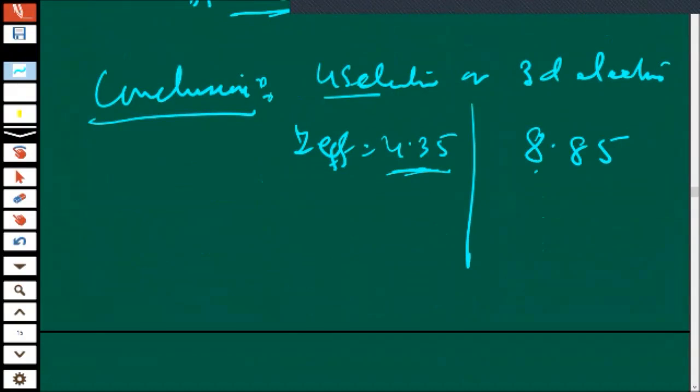What do you understand by this? It means the 4s electron is attracted by 4.35 positive charge, and the 3d electron is attracted by 8.85 positive charge. Which is attracted more tightly towards the nucleus? Sir, 8.85, the 3d electron. Did you understand, children? Who gave the answer 4s?